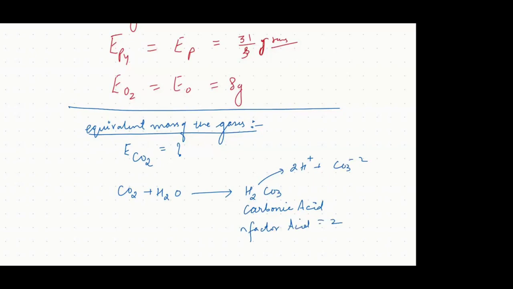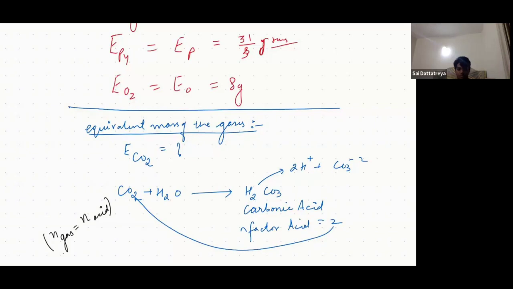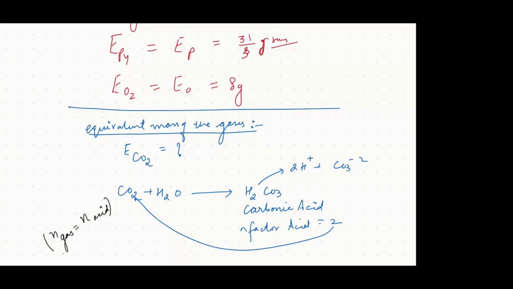And whatever is the N factor of the acid is the N factor of the gas. So the basic rule here is the N factor of the gas is equal to the N factor of the acid. Do you understand my point? Yes, that is the concept.